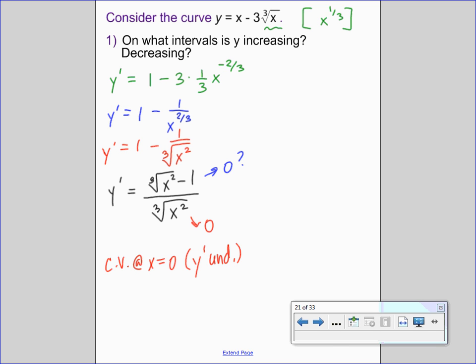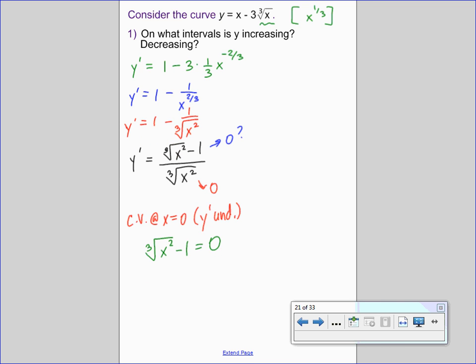Undo cube rooting by cubing, and then undo squaring by square rooting. Cube root of x squared minus 1 equal question mark 0. That would be the cube root of x squared equals 1, so x squared equals 1.